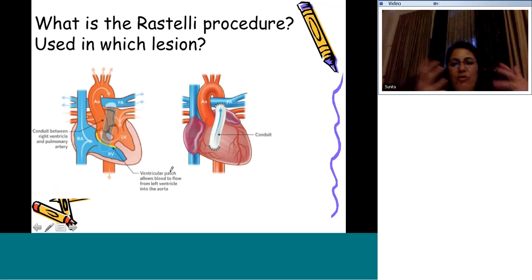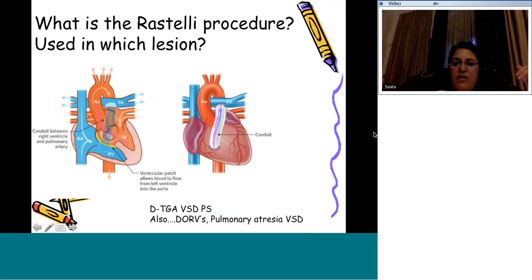It's not exactly, but nowadays Rastelli means really anything where LV is getting routed to aorta and RV is going to PA through your homograft or through your conduit, right? But typically this was first described in TGA VSD PS or DORV VSD PS, DORV VSD pulmonary atresia.